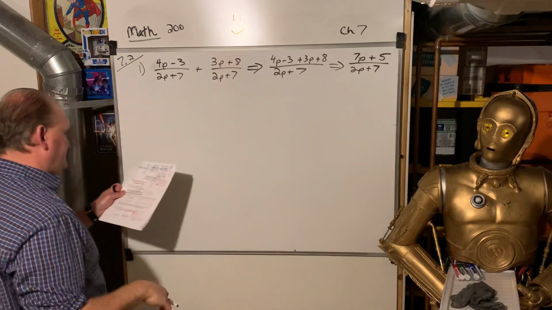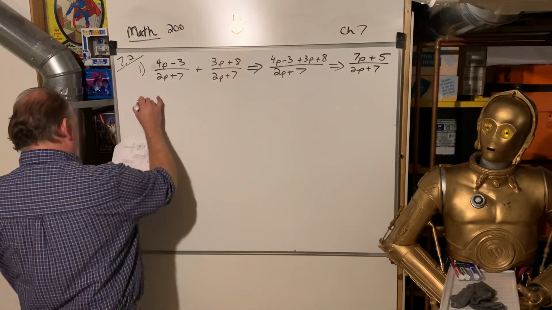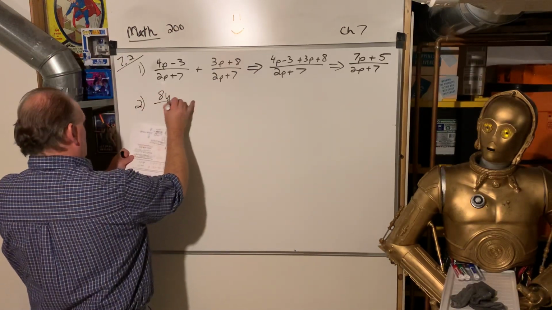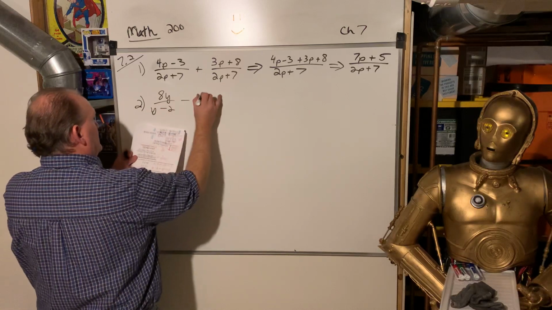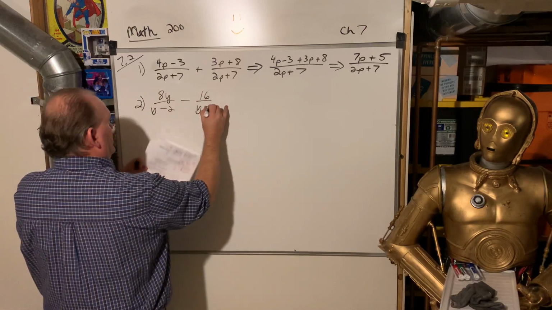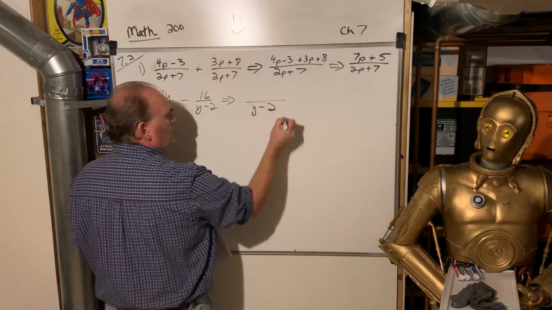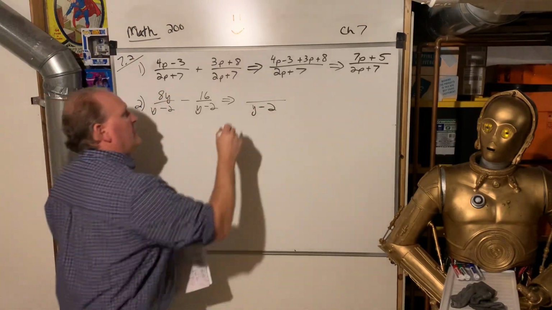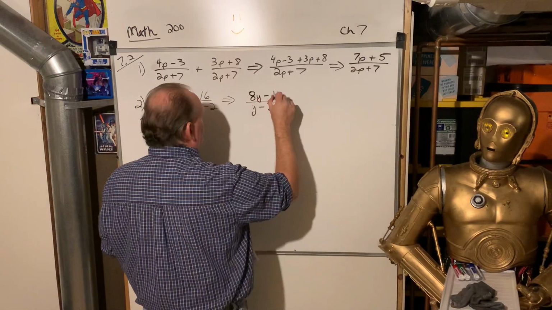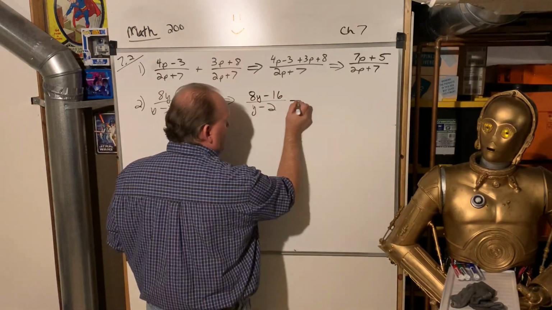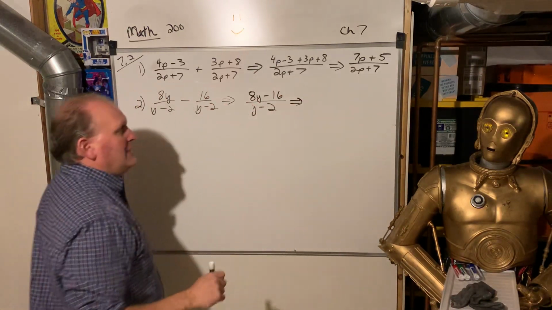That's it. Number 2, 8y over y minus 2 minus 16 over y minus 2. So again, we write the y minus 2 once, and then we have 8y minus 16. Those are not like terms, you can't do anything with it, but what you can do is factor out an 8.